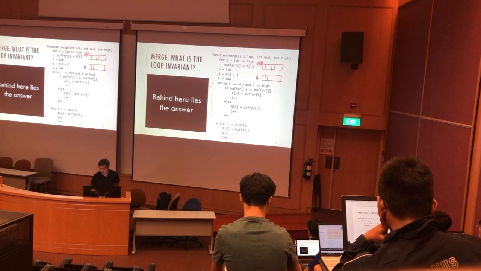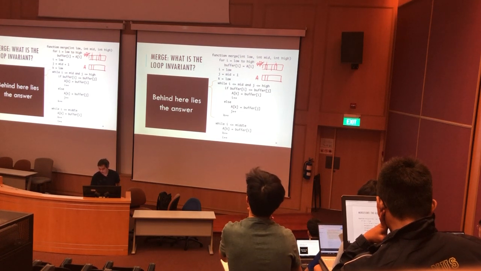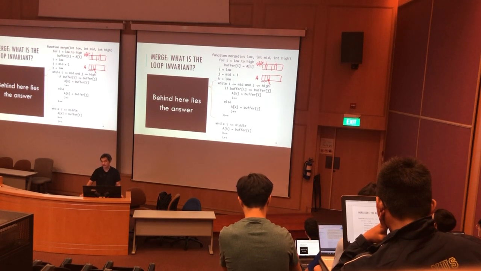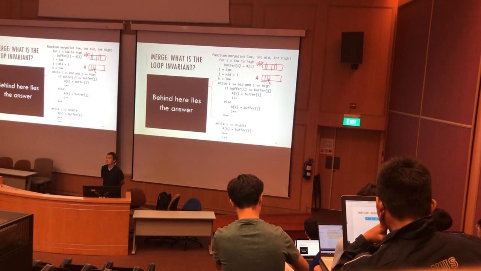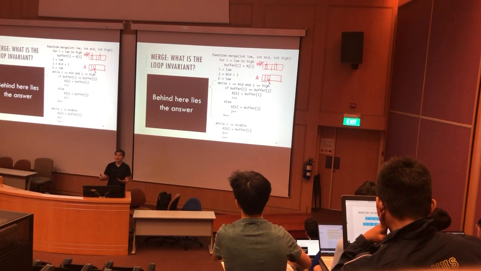Just now I have I and J. Let's say at some point I points here, J points here, and K is here. So what can I say about this part of A? It is sorted already. That's what I want to preserve. That's my loop invariant essentially.